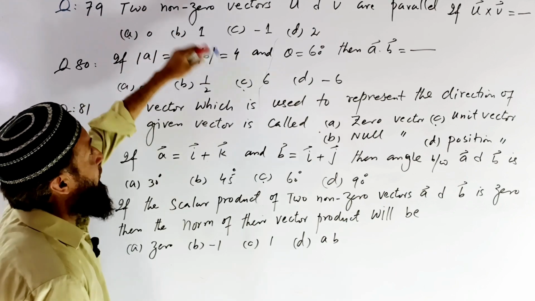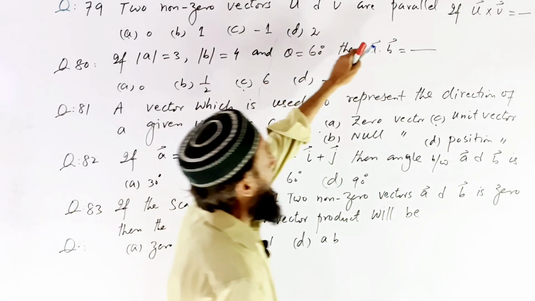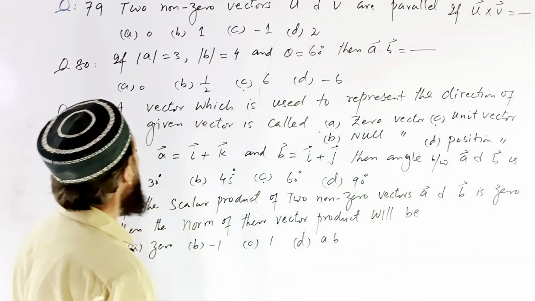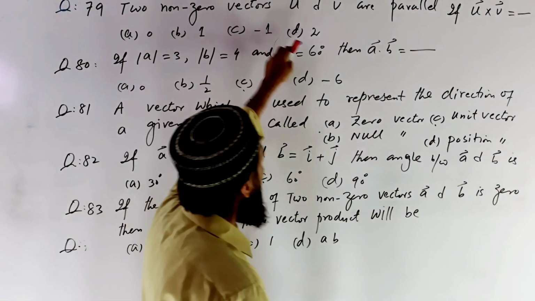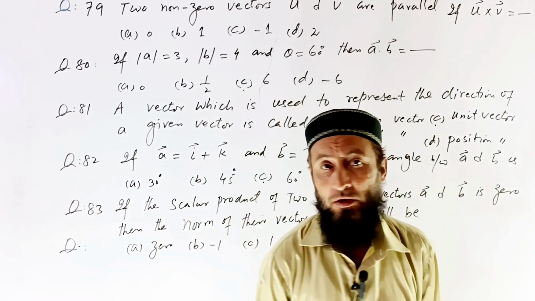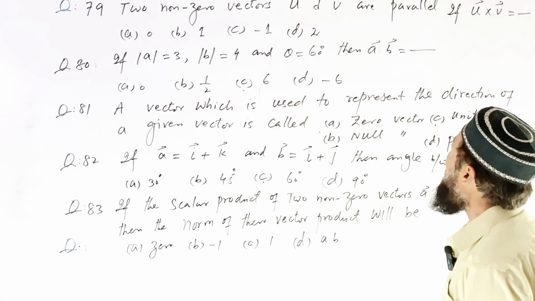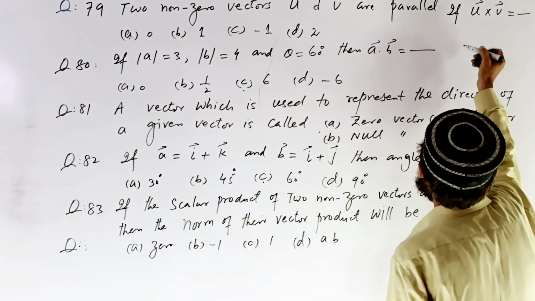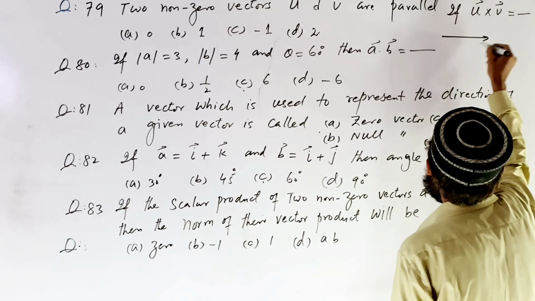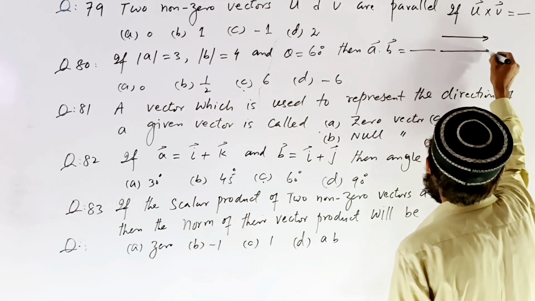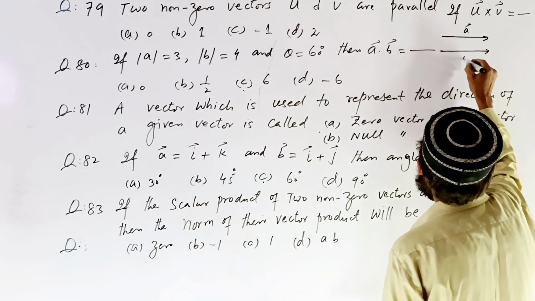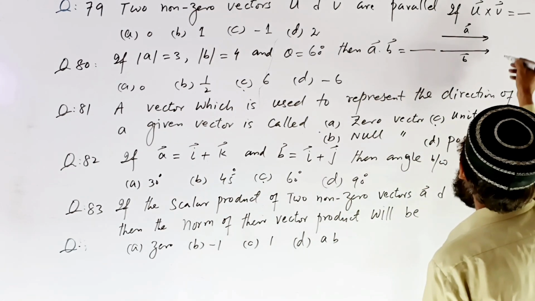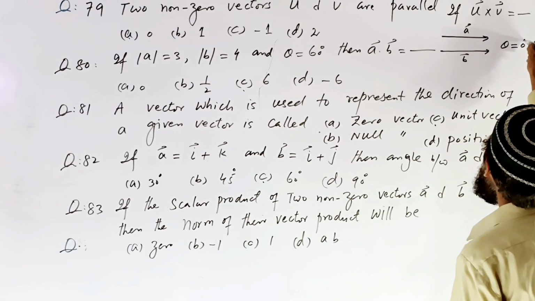49. Two non-zero vectors U and V are parallel if U cross V is equal to what? 0, 1, minus 1, 2. These are the options given. According to the definition of parallel, if any two vectors A and B are parallel, then theta between them will be equal to 0.